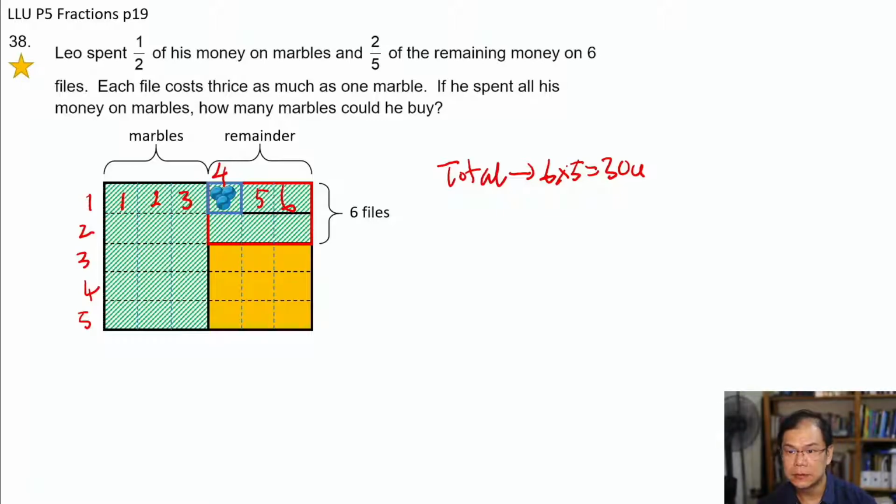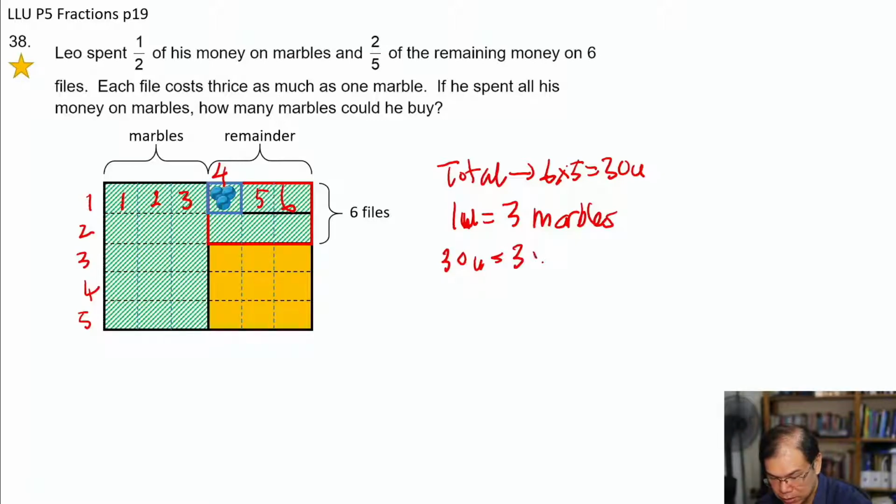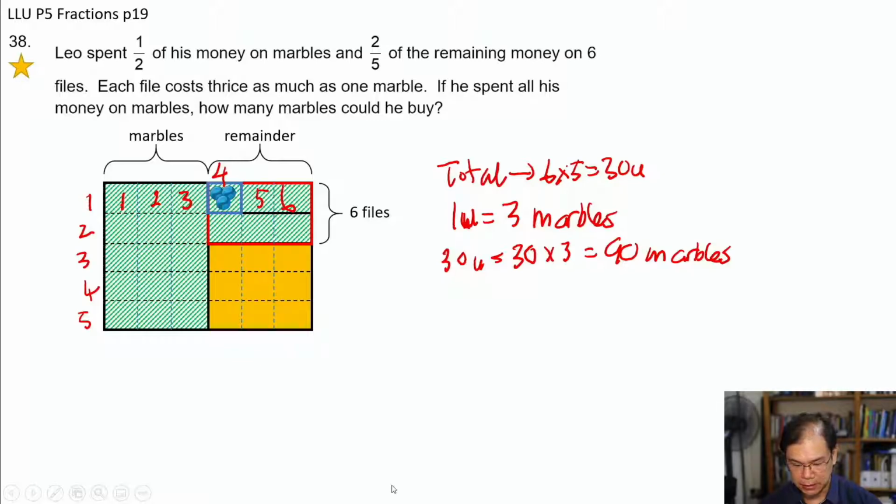So 1 unit, I can buy 3 marbles. So 30 units, 30 times 3. That's 90 marbles altogether. So that is the answer, 90 marbles.